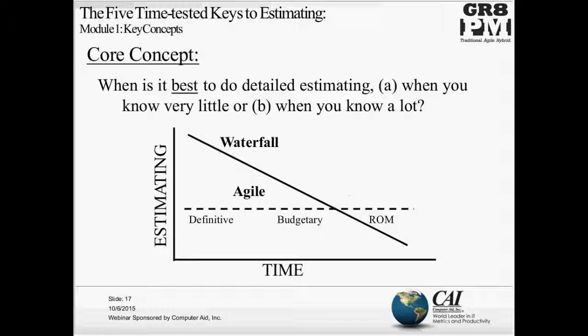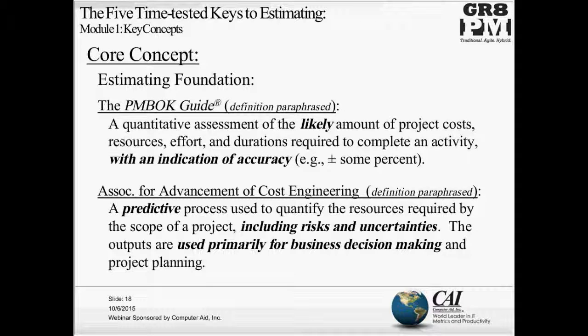In the PMBOK guide, you'll find that it defines estimating as a quantitative assessment of likely amounts of project costs, and that those estimates of resources and effort and duration to complete the activity have an indication of accuracy. In other words, we accept that as you peer into the future, you do not have a crystal ball that can give you an exact, precise estimate of what it's going to take.